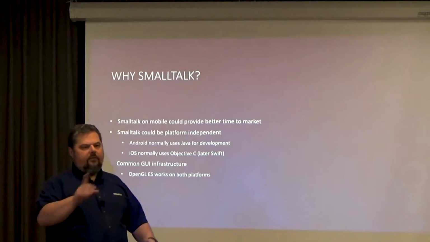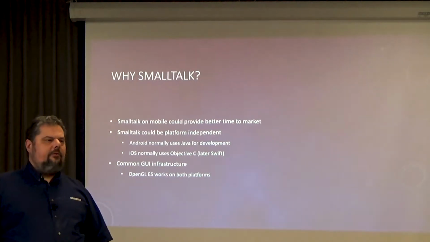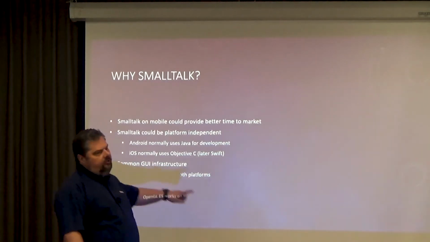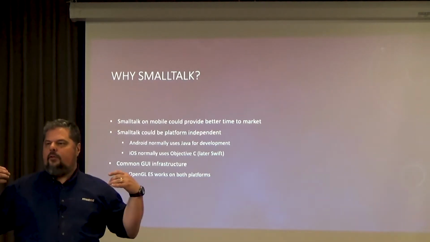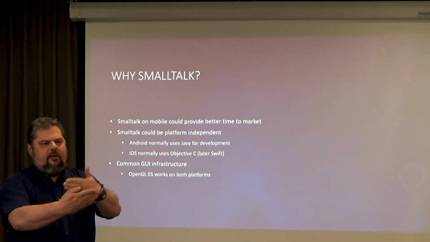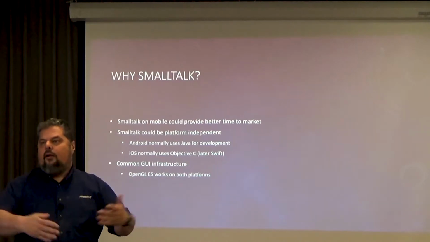So I wanted one standard system that I could use, and I wanted one GUI infrastructure that would serve both. And OpenGL ES worked on both platforms. So I thought, perfect, even if I'm not doing 3D, I can use OpenGL to put 2D tokens or icons one on top of the other and move them around and do my game.